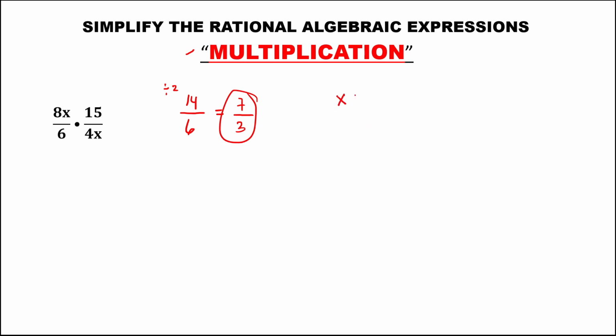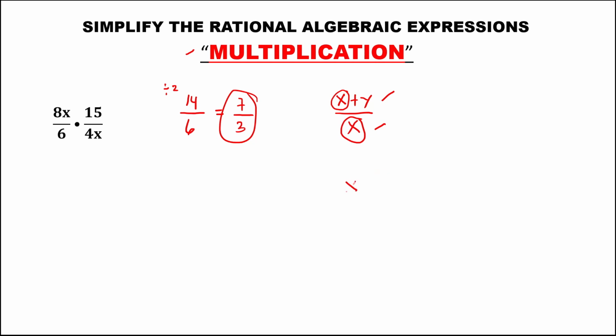Then if we have x plus y over x, take note that we cannot eliminate this x, because in the numerator there are two terms and in the denominator only one term. We cannot apply the elimination method if the numerator and denominator are not equal in the number of terms.